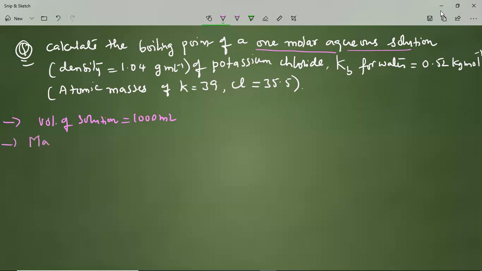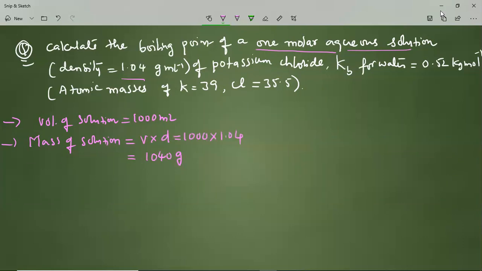Density is equal to mass by volume, so mass is equal to volume into density. Volume is 1000, density is 1.04, and the mass of the solution I got is 1040 grams after this calculation.